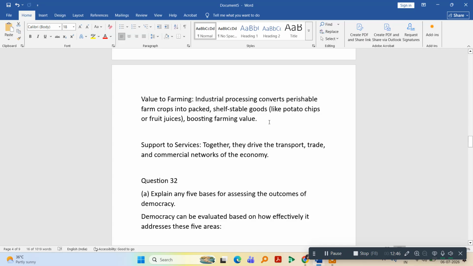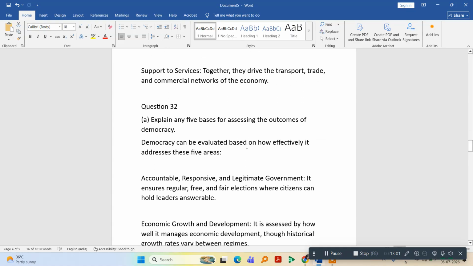So the farmers can convert farm crops into packed goods. It can help them to enhance their farming value. Support to services together. They can greatly drive transport, trade, and commercial networks of the economy.